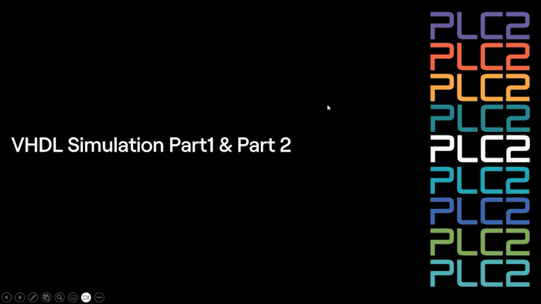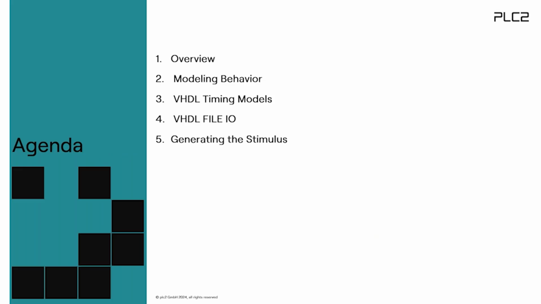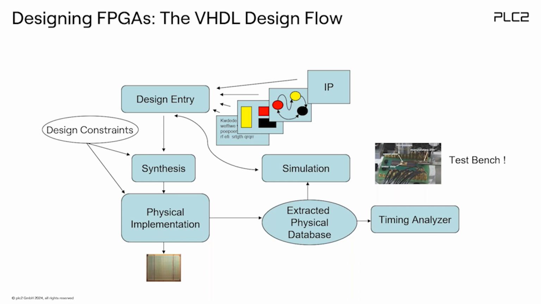But now let's look at the VHDL simulation for the webinar, just to run through it. This was the first part, just to give you the idea where we are.